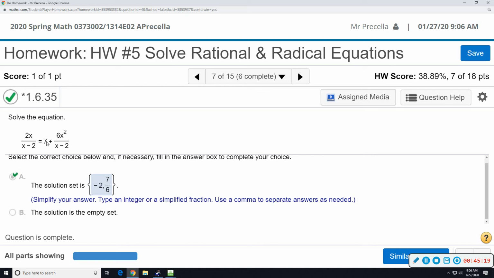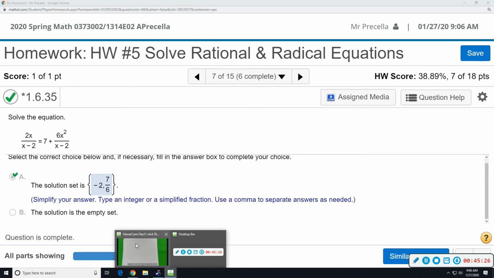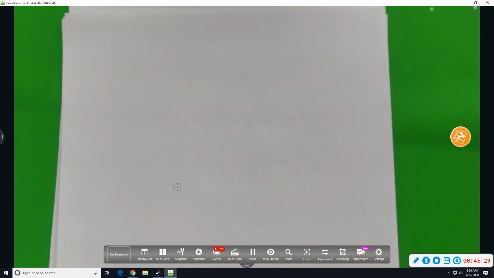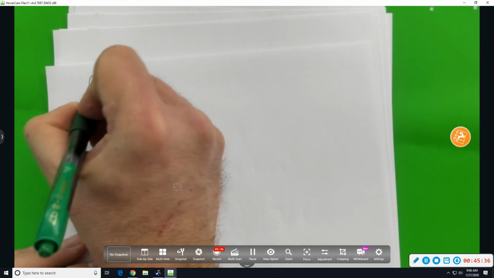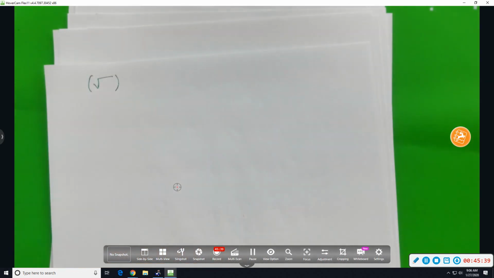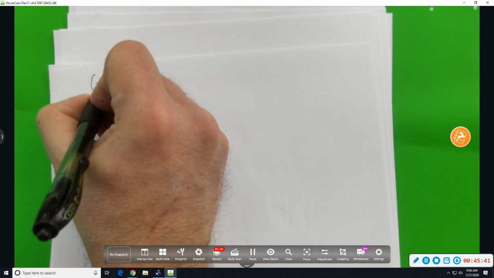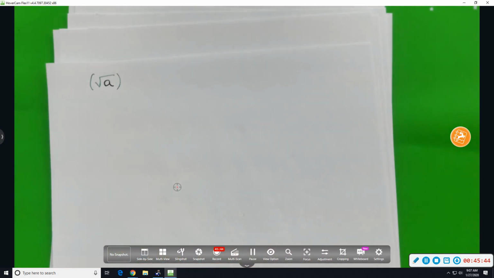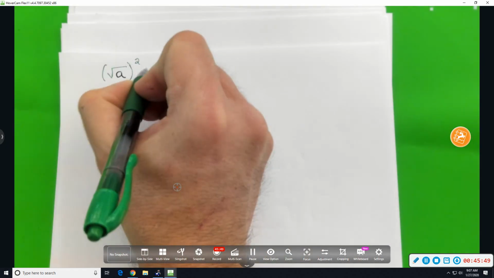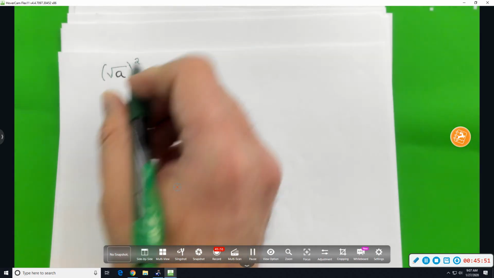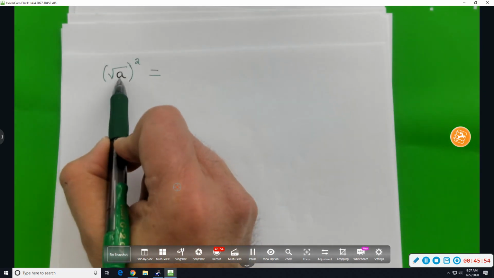Now, on day 1, we had a rule that said something like this: the square root of a, I think first we wrote it square root times square root, the square root, and then when we were defining complex numbers, I wrote it like this: square root of a squared.